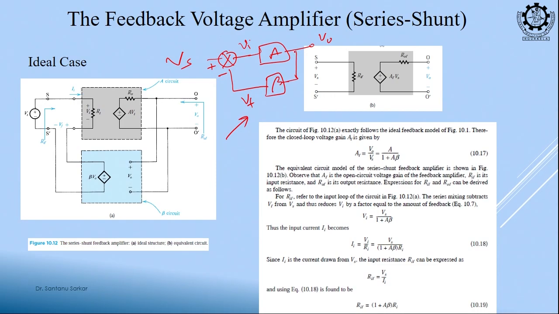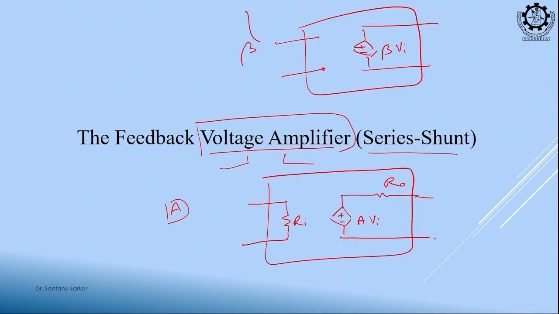This is single ended, this is double ended, that is it. I am taking one line, there I will take two lines. Previously it was a single line, now I have a double line, and that is going to the input.